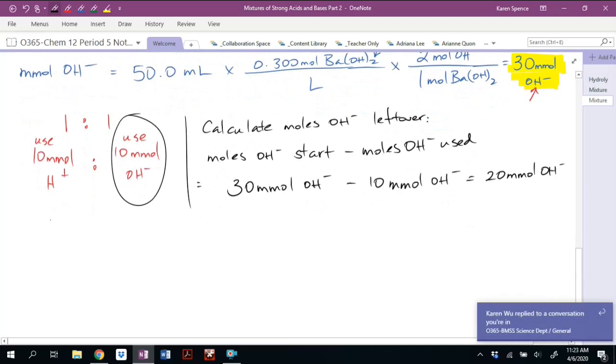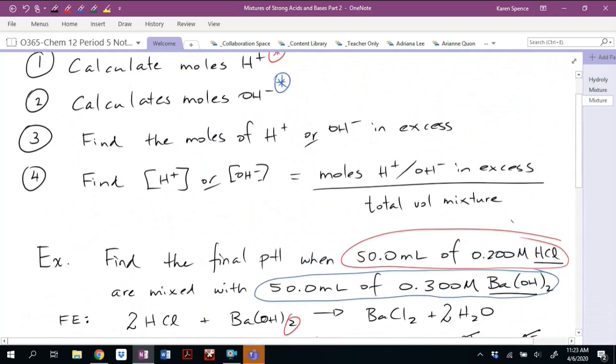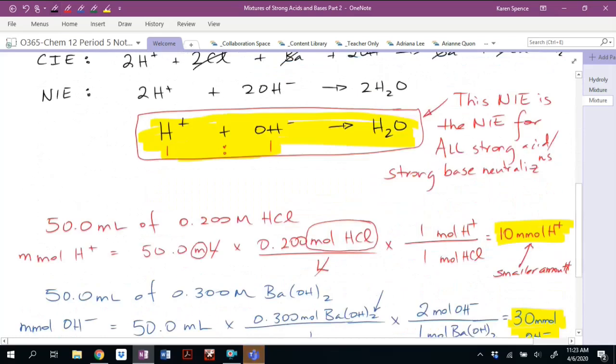Finally, what we're going to do is step number 4, which is find the concentration of the hydrogen or hydroxide. In this case, it's going to be our hydroxide that is in excess, and then we're going to divide that by the total mixture volume.